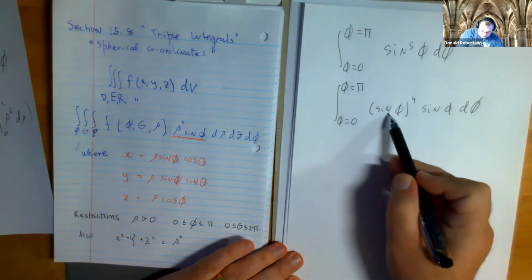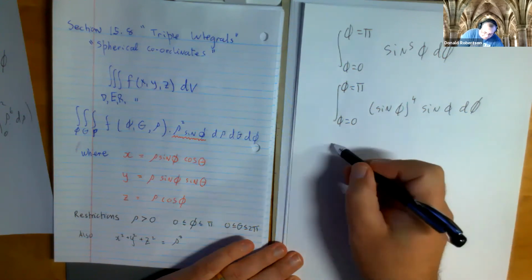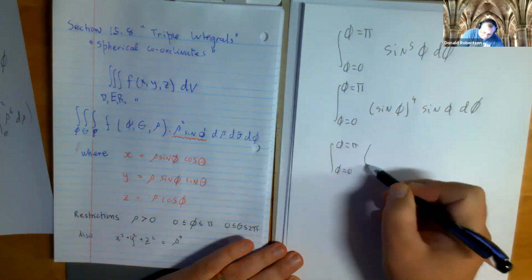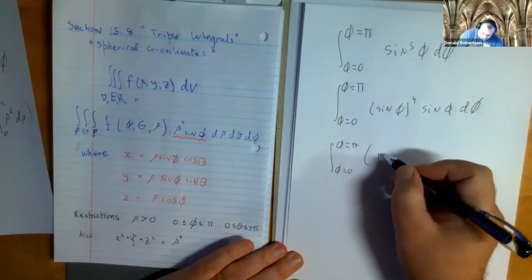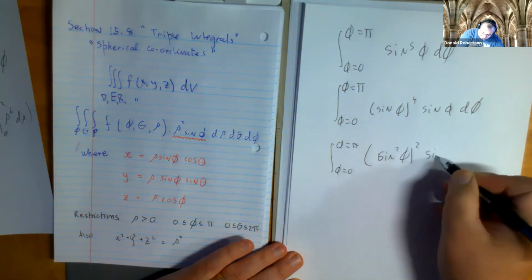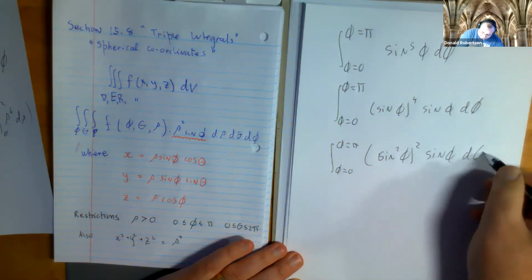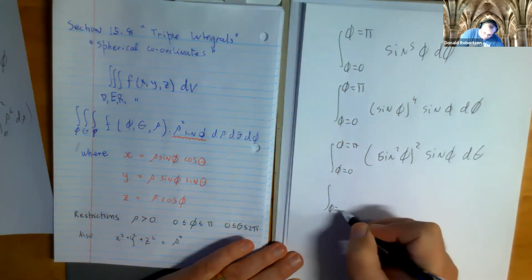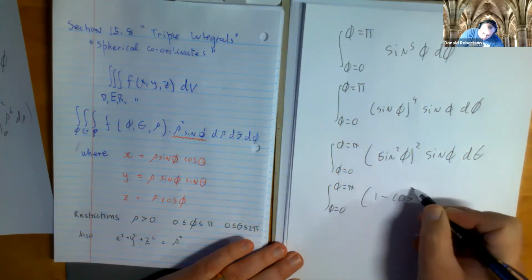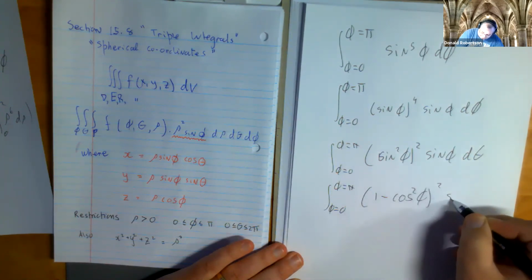So I'm splitting that as 4 of these and 1 of them. And that's going to be sine squared squared. And that's going to be 1 minus cos squared squared.